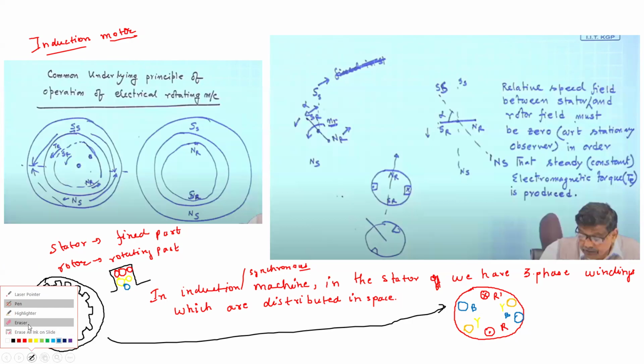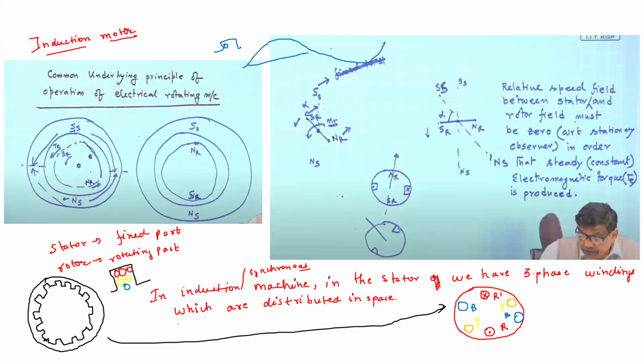I hope you understand that if you see the flux by these windings, we will see how you can see the flux enclosed by the conductors which are placed in a slot, and how the flux lines are produced. Because of the R phase there will be some flux lines which will be approximately sinusoidal in space, and due to Y phase also there will be flux lines which will be sinusoidal in space.